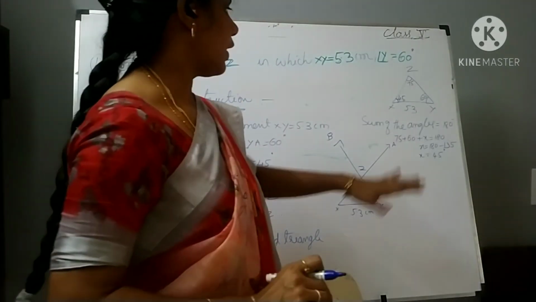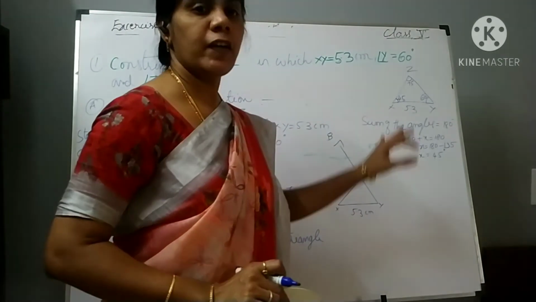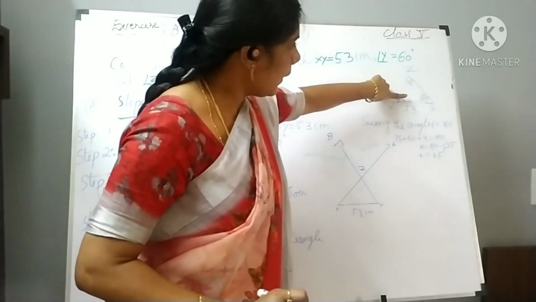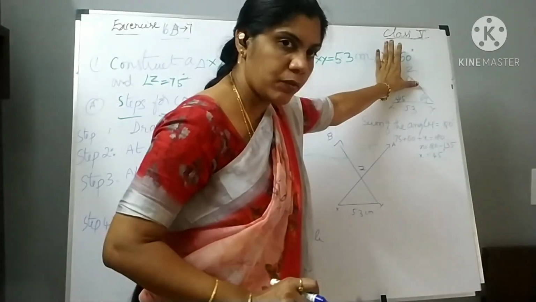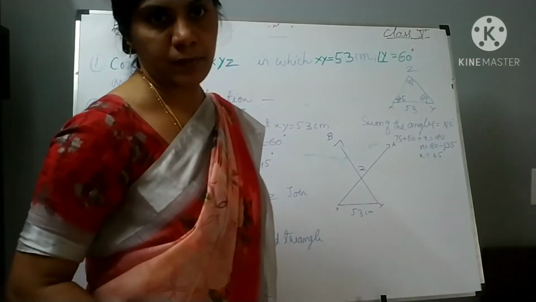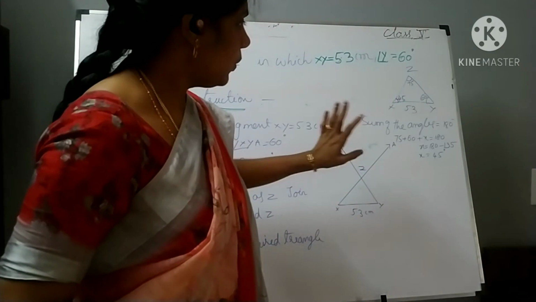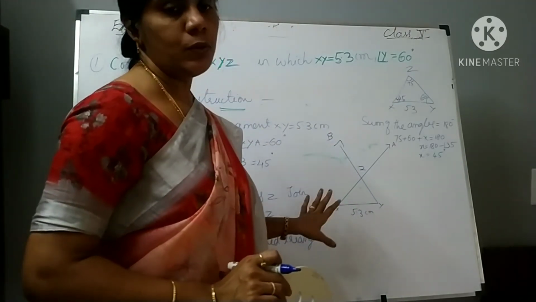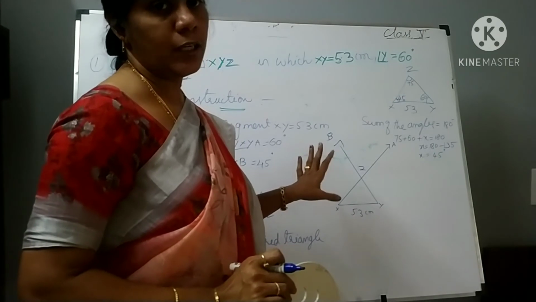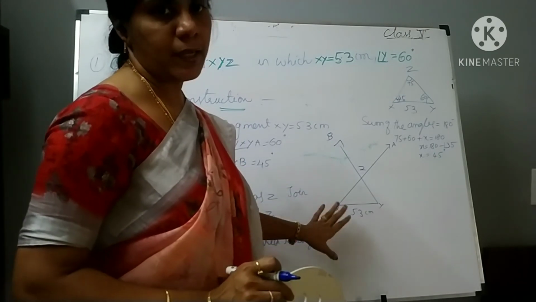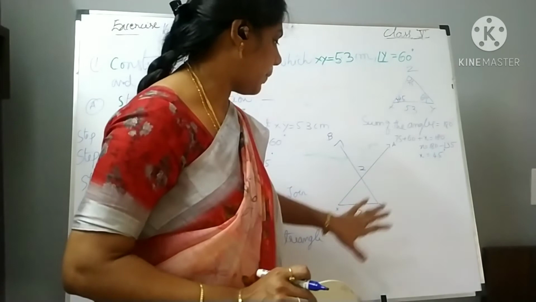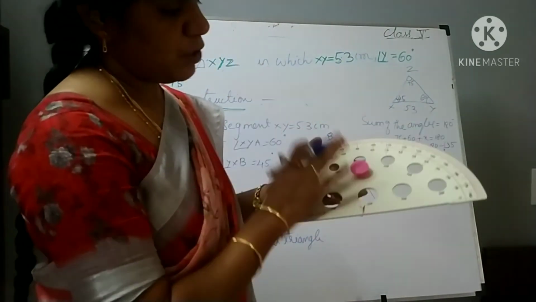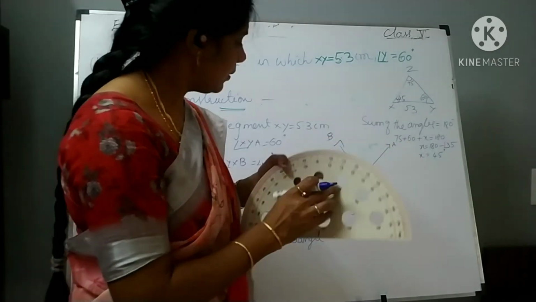First we have to find out the other angle. If it is necessary, find out the other angle. If the angle 45 had been directly given instead, you could directly construct. So whatever triangle you have to construct, we need to look at the base. We have to construct the baseline first. Draw the baseline first. After that, if they have given angles, measure the angles using the protractor.